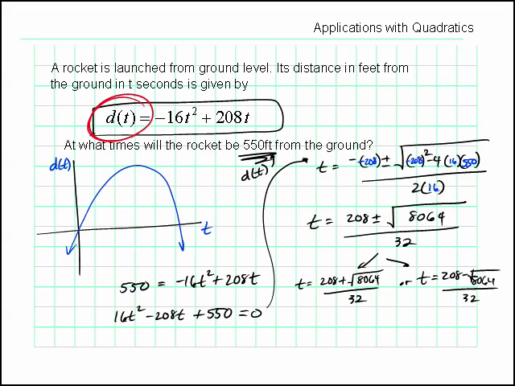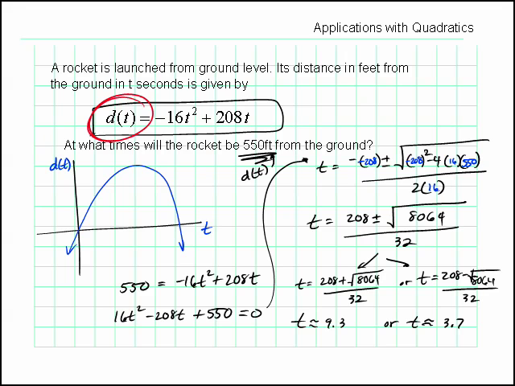Let's see what the first one gives us. This one is approximately 9.3. And the other value is approximately 3.7. And we have actually two answers to this.